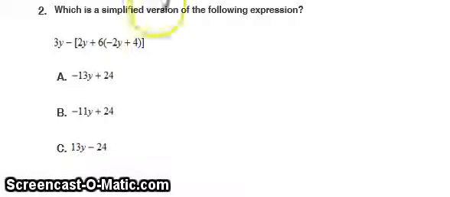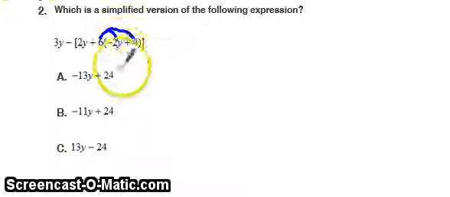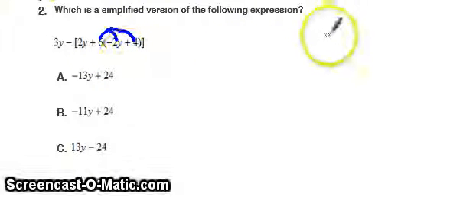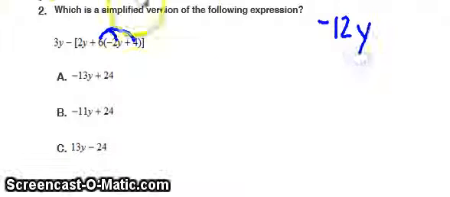Okay, now this one's a little complicated because we've got the brackets, and then inside the brackets we've got the parentheses, and then we've got to distribute the 6 to everything inside the parentheses. So 6 times negative 2y is negative 12y. And then 6 times positive 4 is plus 24.